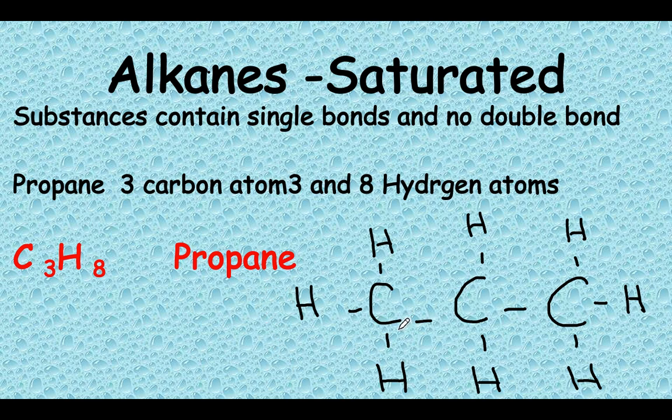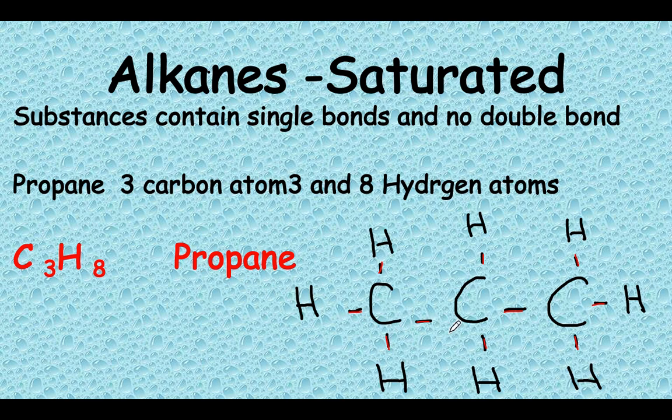Then we come to propane. If we have 3 carbons, each carbon will be surrounded with 4 bonds, with hydrogen atoms, and we call this propane.